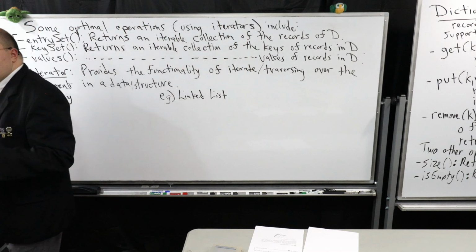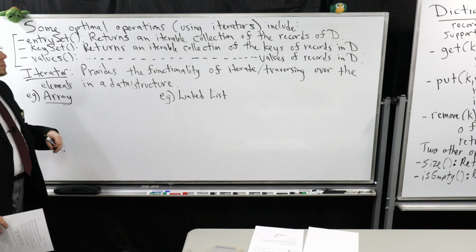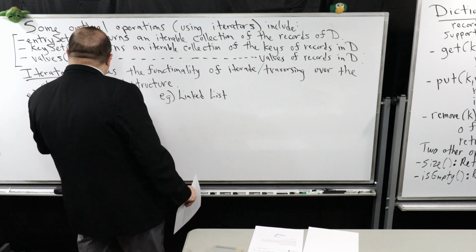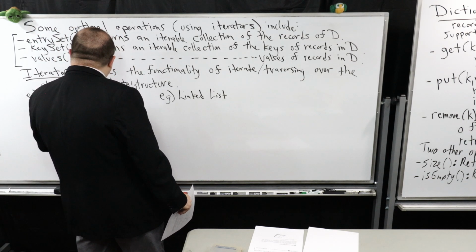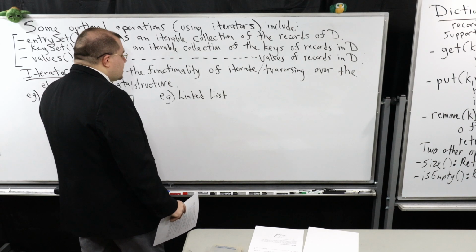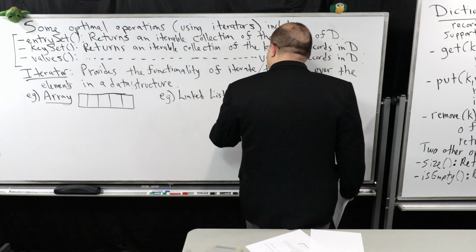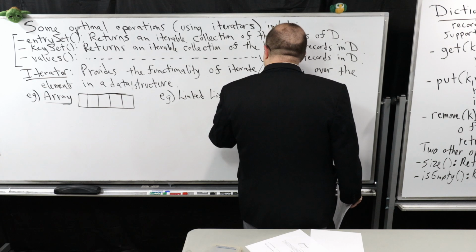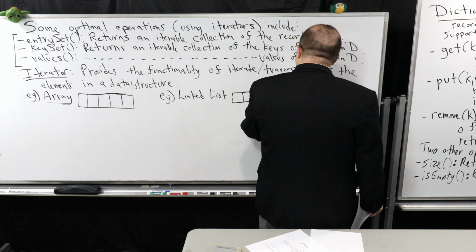So when we talk about an array or a linked list, a very natural question is, how do I traverse over all the elements in the array? And if I have a linked list, how can I traverse through all the elements in the linked list?